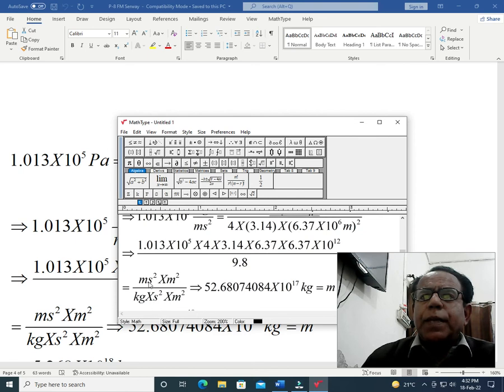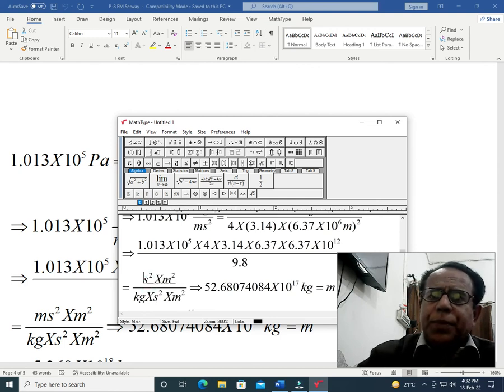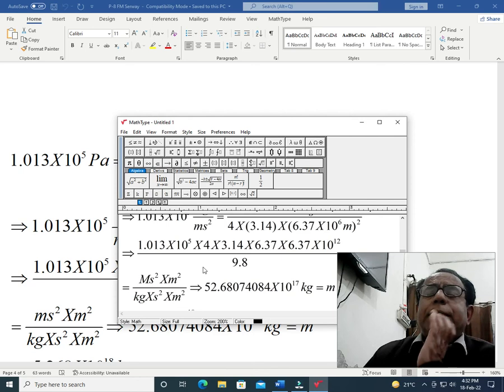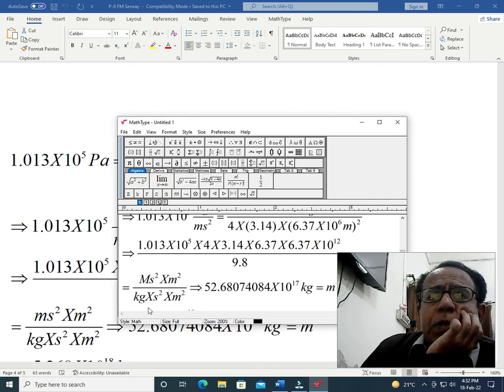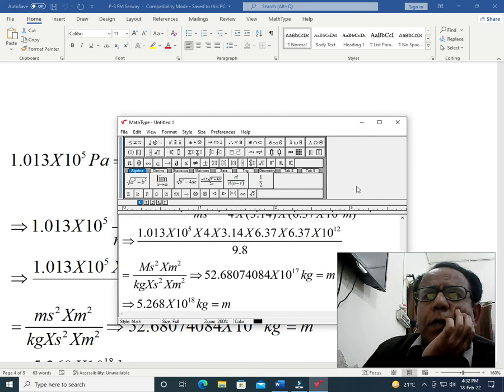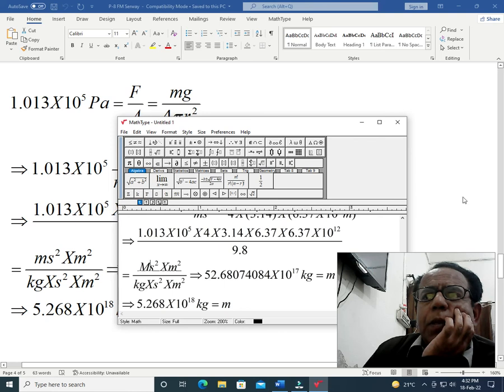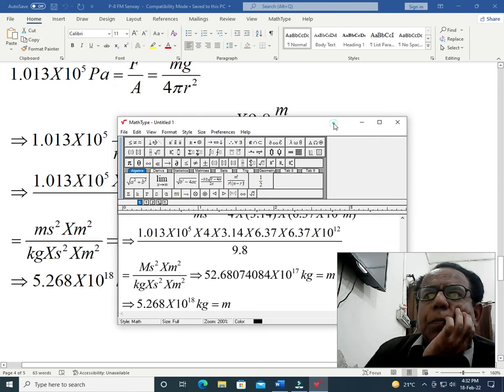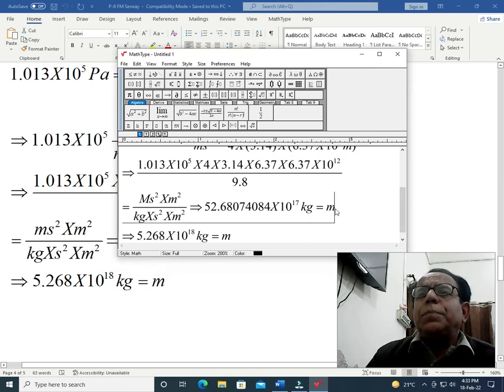Here we replace small m with capital M. Okay, one m will be replaced by capital M. In this way, small m square will be cancelled out with small m, and capital M will remain on one side. Okay, so this will become capital M.